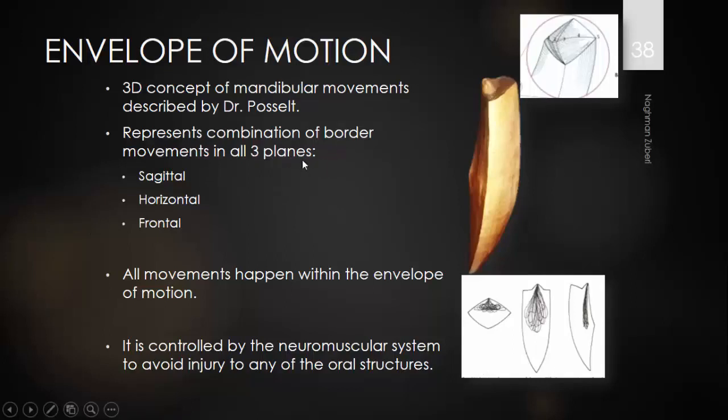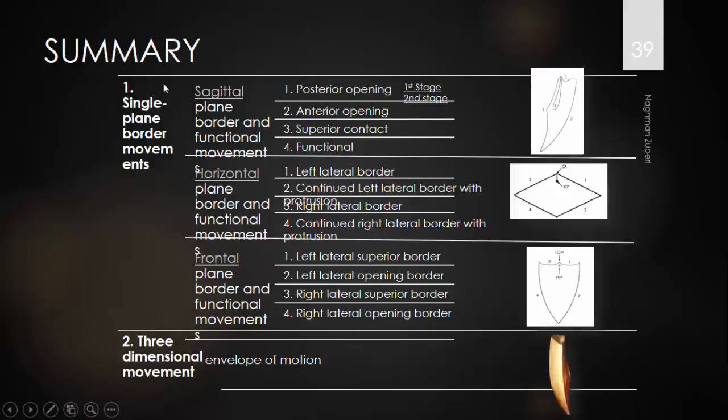It is controlled by the neuromuscular system to avoid injury to any of the oral structures. So this is the summary of all the movements which we have discussed in the sagittal, horizontal and frontal planes, and then the three-dimensional envelope of motion.